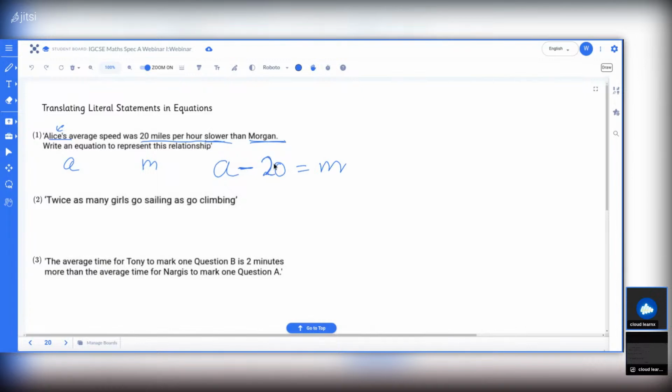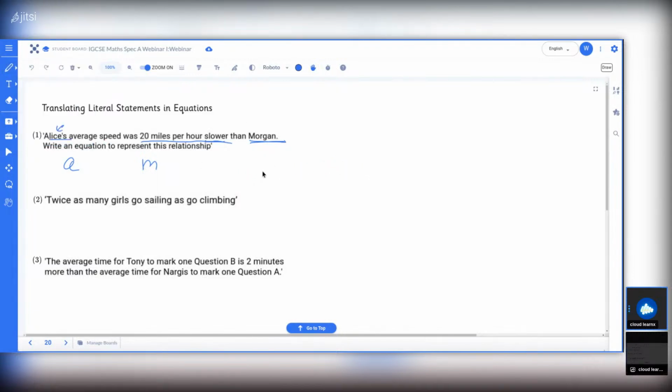How much slower? Why am I subtracting 20? Because Alice is slower than Morgan, right? Well, actually, I did that wrong. That's okay. It can be confusing for the best of us. So there you go. But that's completely wrong.